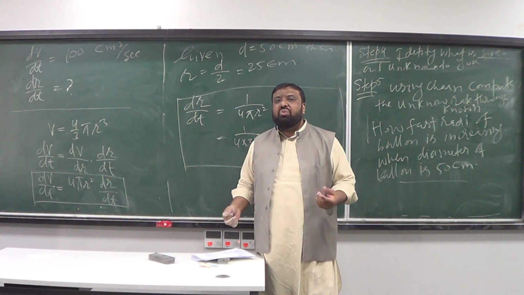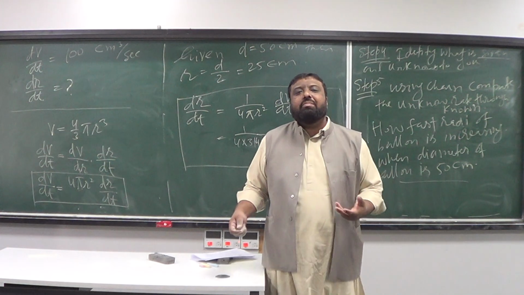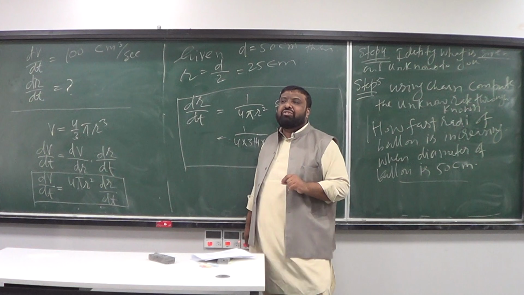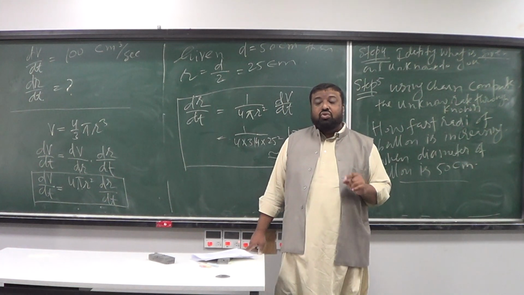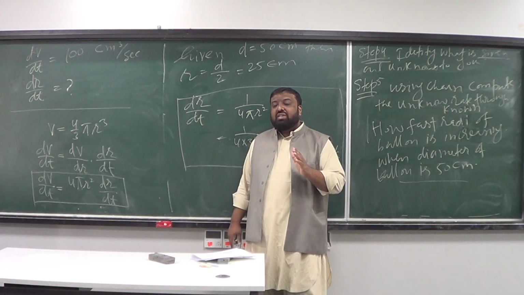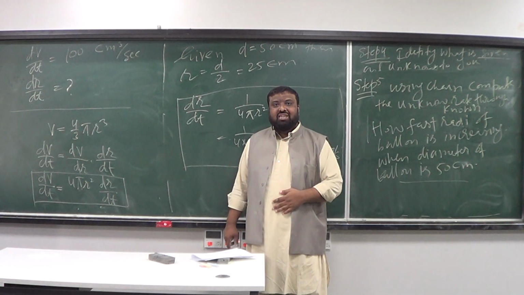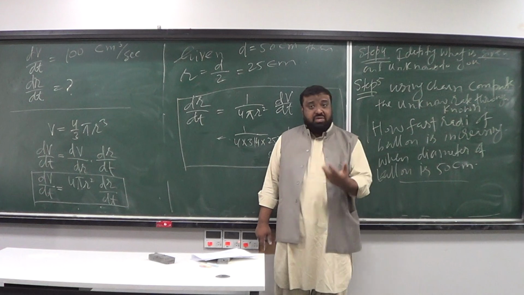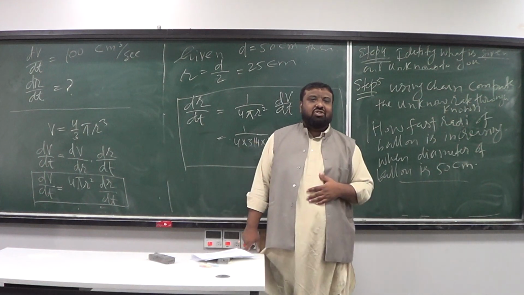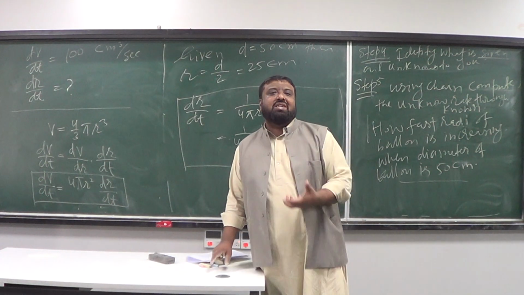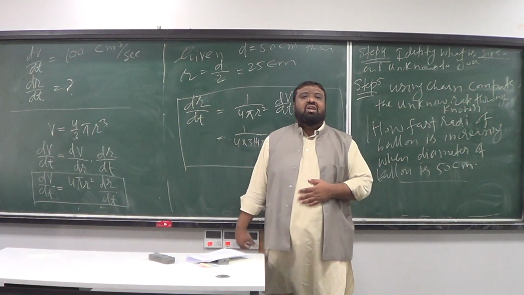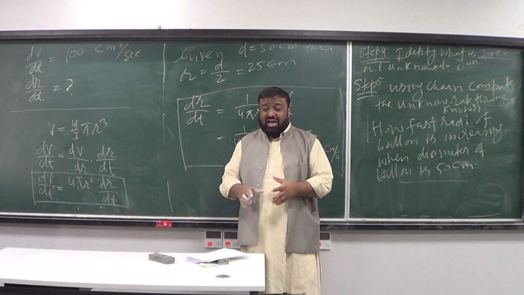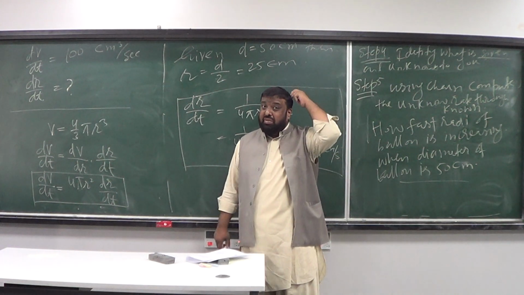But if you try to formulate an experiment in which you directly measure the radius of the balloon, think for a moment, you will see it's not an easy task to do as an experimental setup. You need maybe a very clever trick to experimentally measure the radius of the balloon, and how this radius is increasing over time.